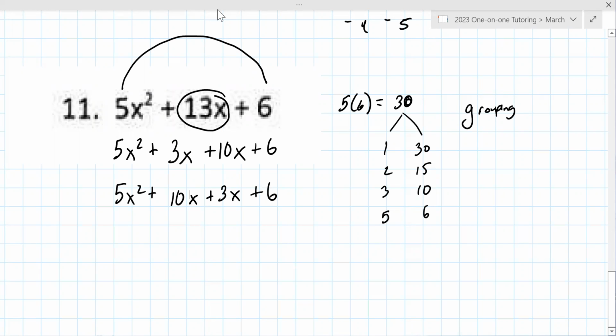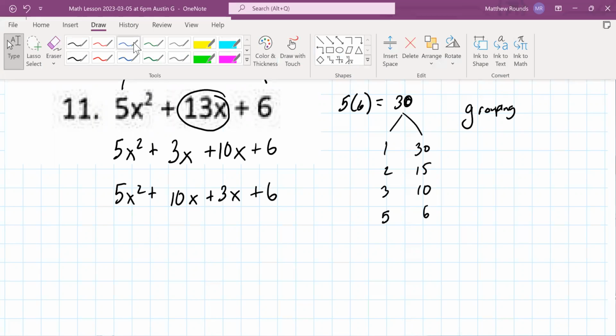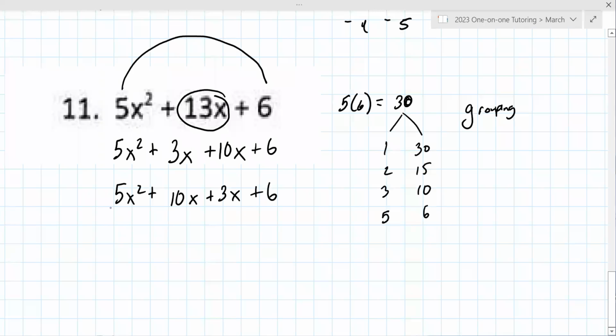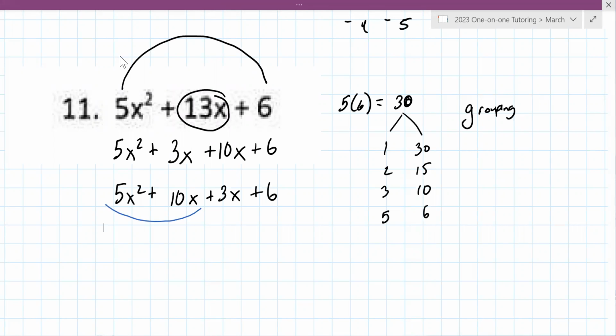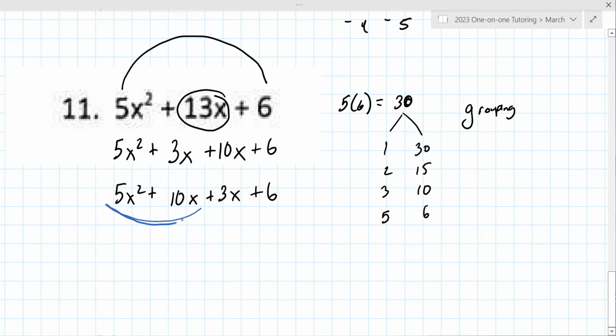Your next step is factor by grouping, just like we did in some of those earlier problems, where you look at the first two terms. Would you rather look at 5x squared plus 10x or 5x squared plus 3x? Probably the 5x squared plus 10x. Yeah, so you have a choice, and you'll want to use the one that's better for you.